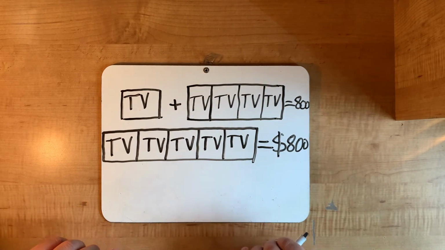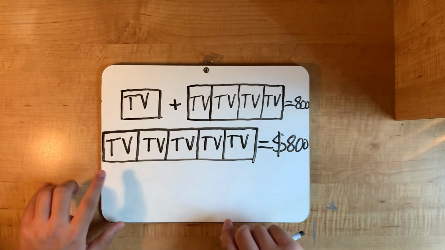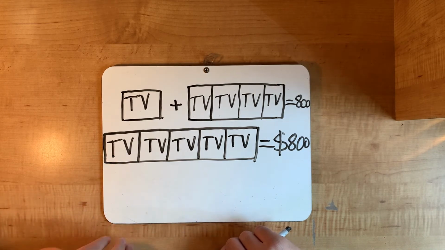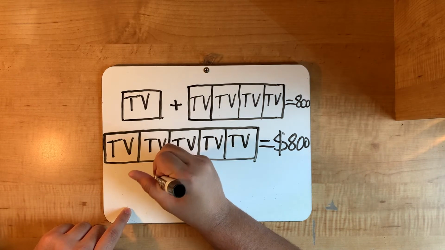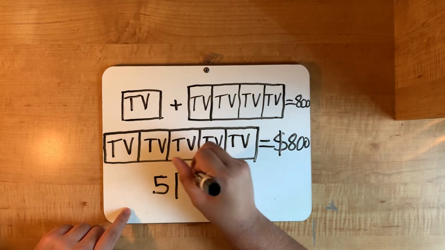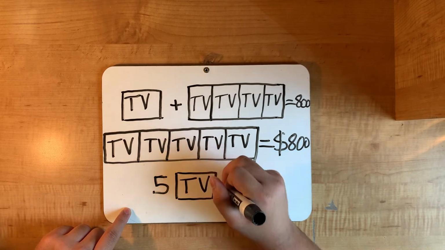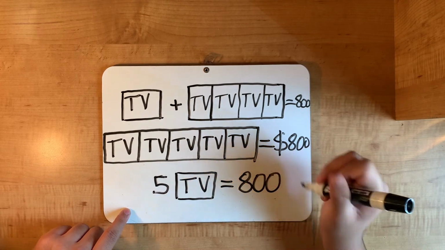Okay, so we're looking at this and we see that it basically says 5 times TVs, because 1 times 5 is 5. So we can just rewrite this as 5 times 1 TV is equal to 800.